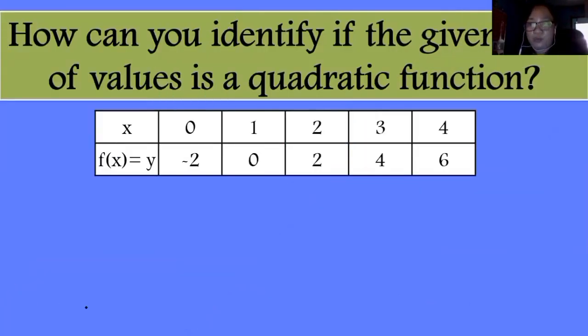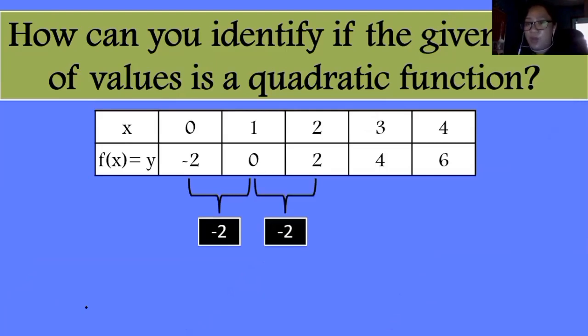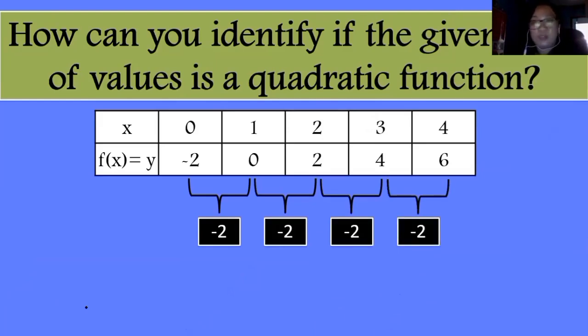Again, let's focus on the y values. Negative 2 minus 0 is negative 2. 0 minus 2 is negative 2. 2 minus 4 is negative 2. 4 minus 6 is also negative 2. So unlike with the first example, you have noticed that we already have similar differences on the first layer right away.